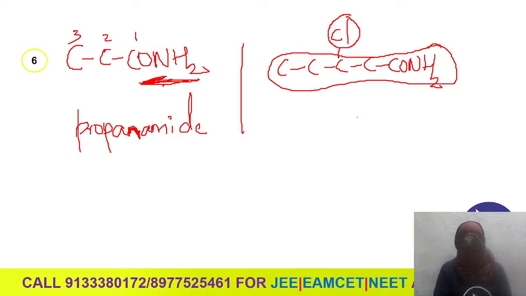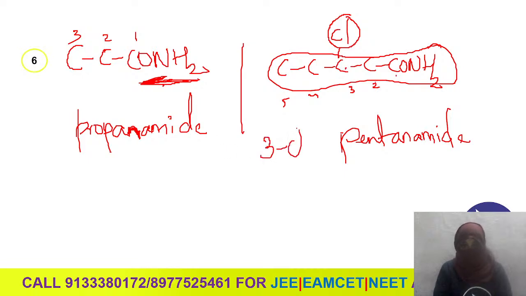How many carbons are there? 5. Yes, 1, 2, 3, 4, 5. 5 for pent. Single bonds, pentan, the amide suffix is amide only, pentanamide is the parent chain. Now at the third position there is a chlorine group, hence we write 3-chloropentanamide. So the name of the compound is 3-chloropentanamide. We'll practice more.